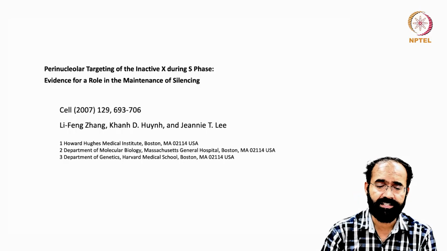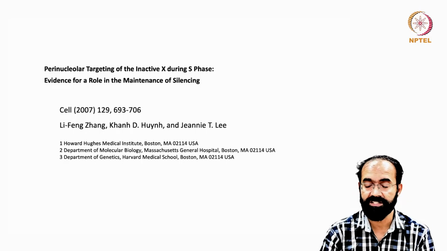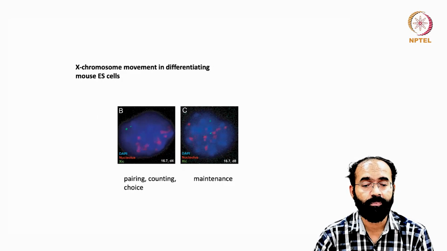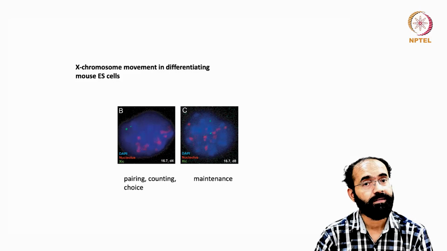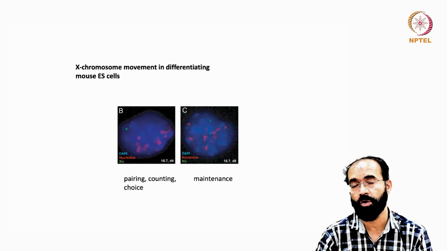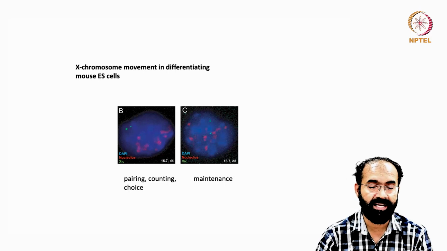This is a very interesting article, which was published in Cell a few years ago: X chromosome movement in differentiating mouse embryonic stem cells. We know that during the early phase of embryonic development, before differentiation happens, the counting has to happen. For counting, it has to pair.